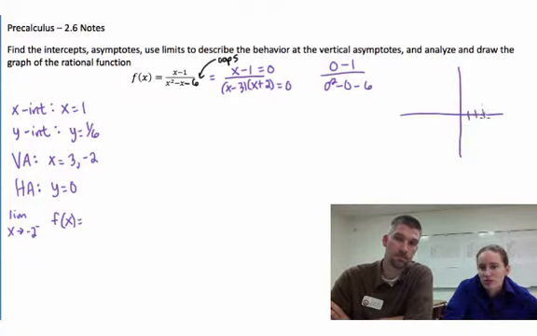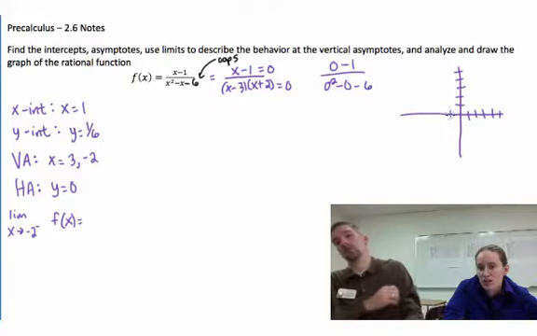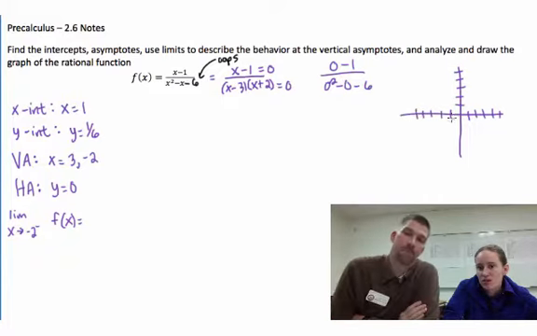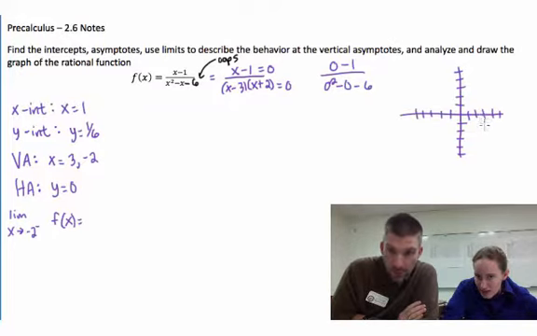Well, I was going to actually draw the graph. What do we have? We have vertical asymptotes at -2 and 3, and y equals 0.